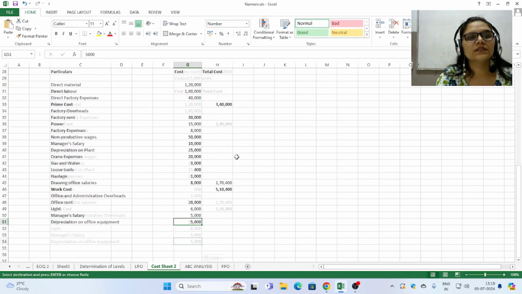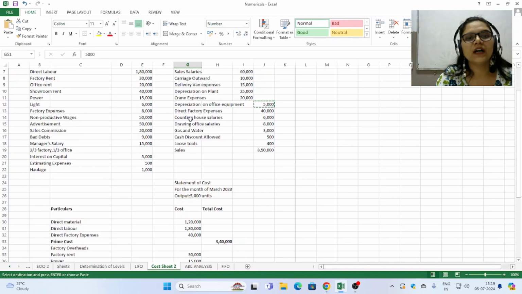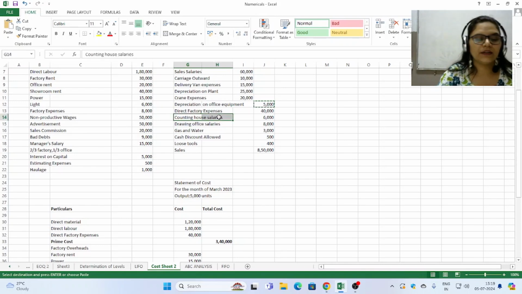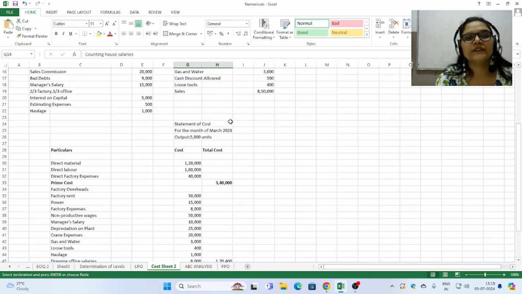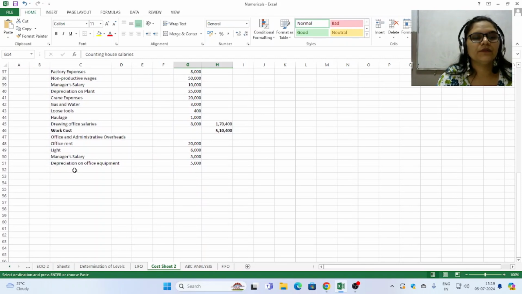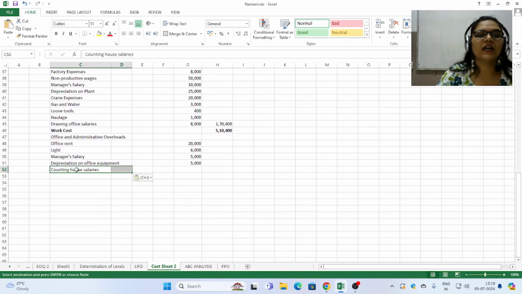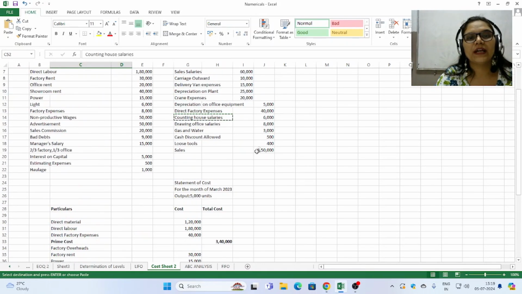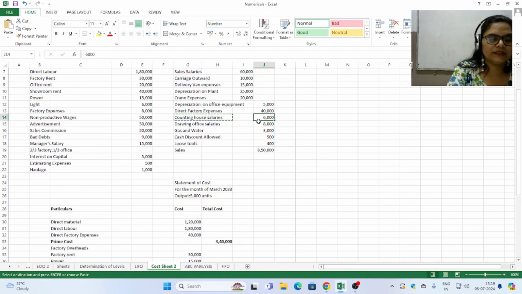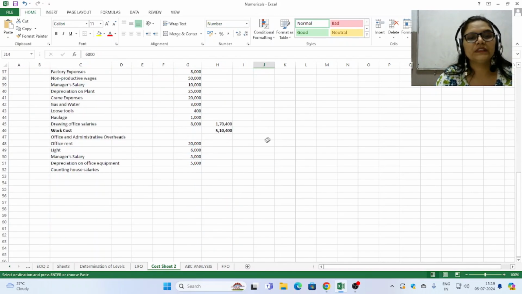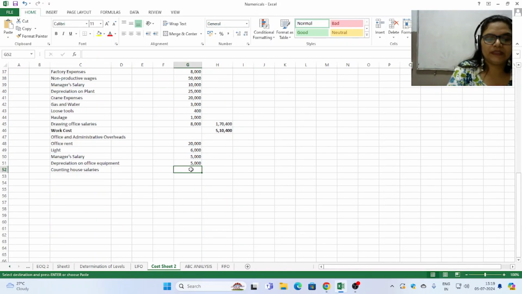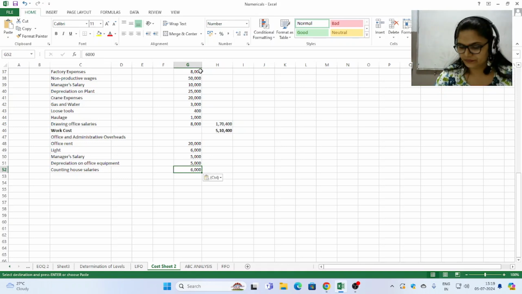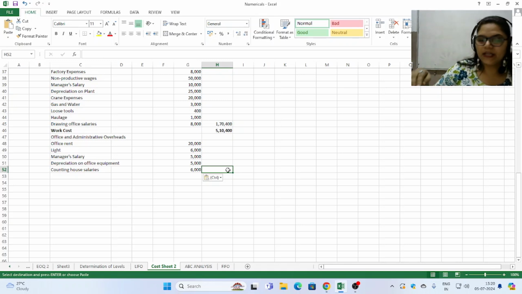Next is counting house salaries. Counting house salary is a part of salaries to the people involved in administrative tasks, so we will write counting house salaries in your office and administrative expenses. I think we are done with all the cost. After adding this cost, we will get a figure of 82,000.